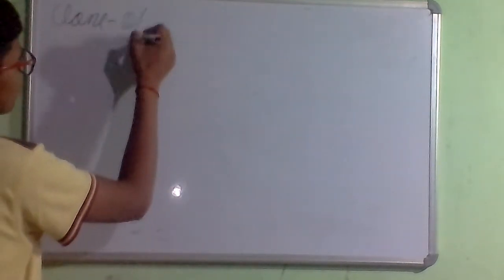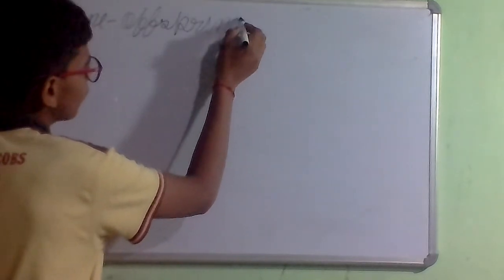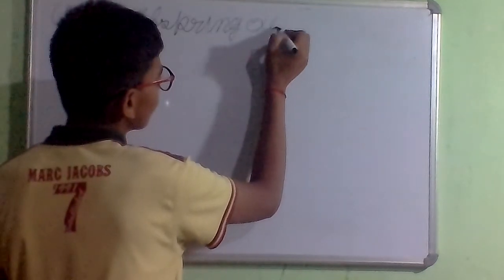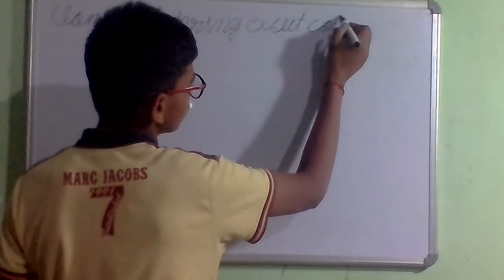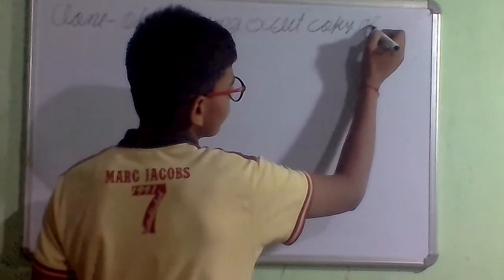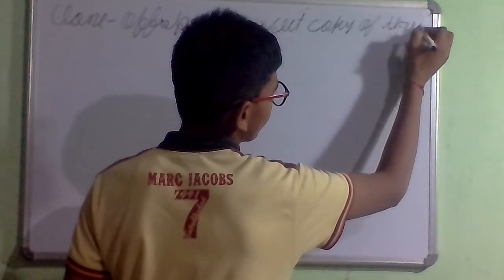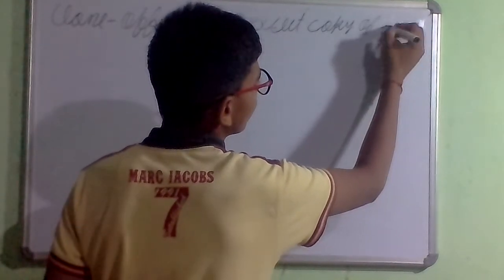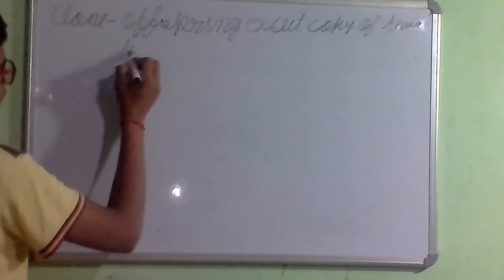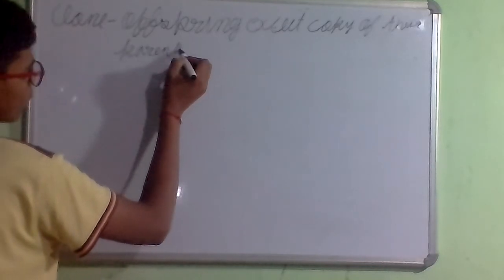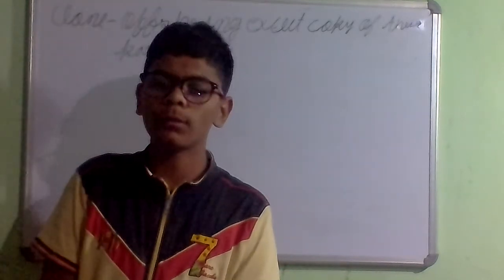Clone offspring are an exact copy of their parents. Like amoeba is an asexually reproducing organism.